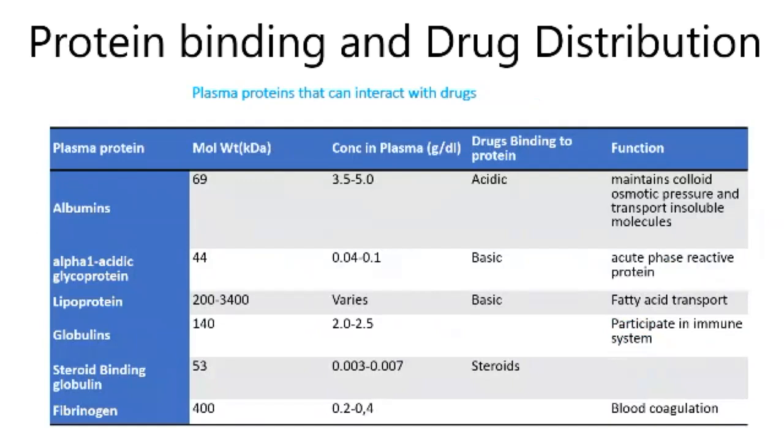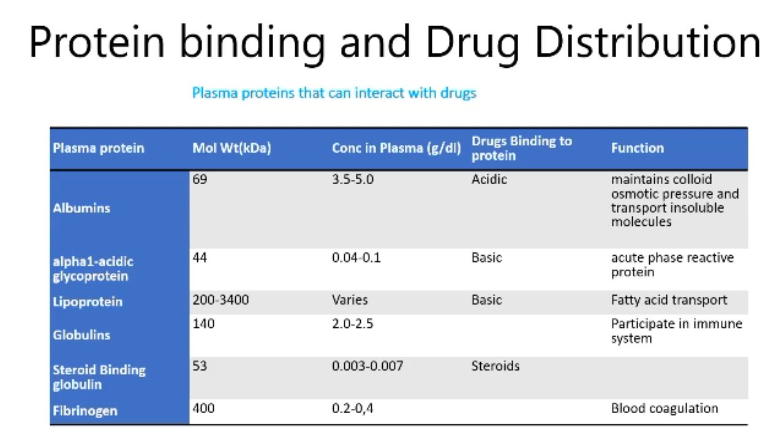So you have other types of protein. We just mentioned those three, but you have globulins, steroid binding globulins, fibrinogen, and all of those. You'll see the different functions of these proteins, and these proteins have the ability to bind to different drugs.